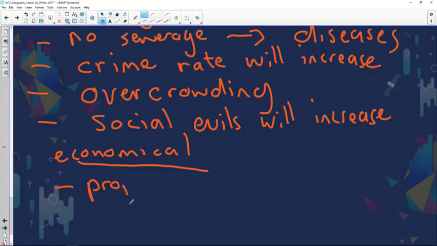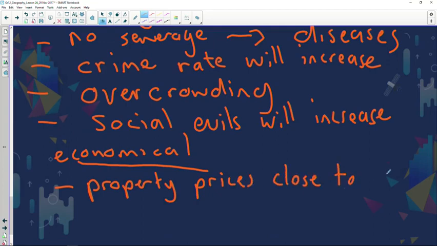Naturally and socially will bring the property prices immediately down. So property prices close to informal settlements will decrease.